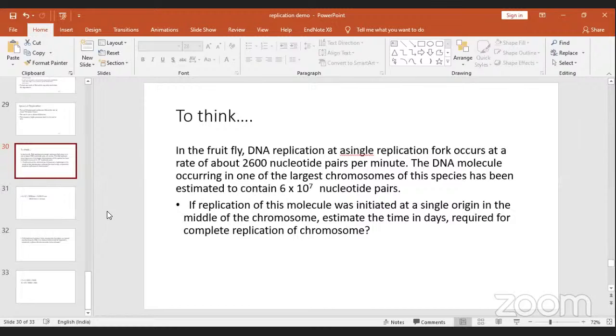Can you please explain how you got this answer? Please unmute and explain. Ma'am, given that the nucleotide rate is 2600 per minute, first we convert into hours, into 60, then convert into days, into 24.